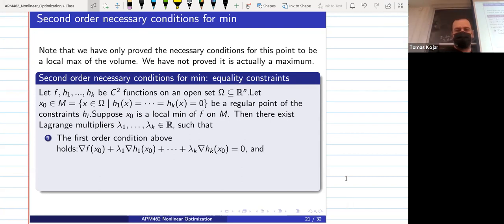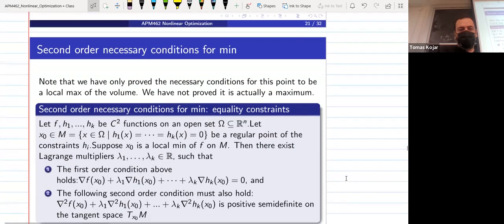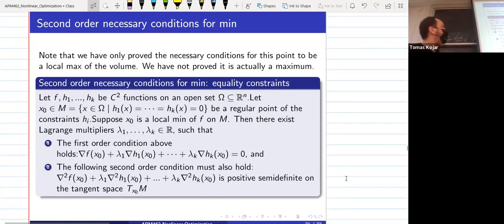All right. And you will also need the following matrix of Hessians. It needs to be positive semi-definite. Okay. And I will do it both ways. First, I do the easy one where local min implies this, and I will prove that if you have this, you get local min. Okay, good.